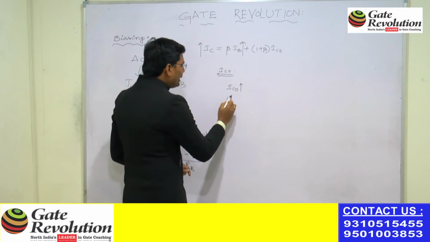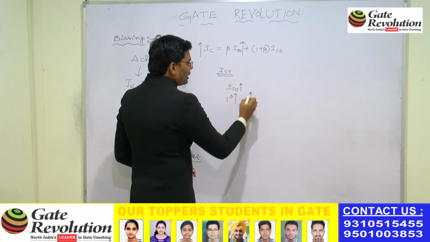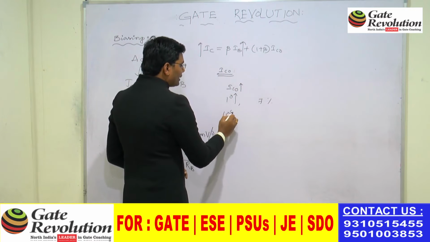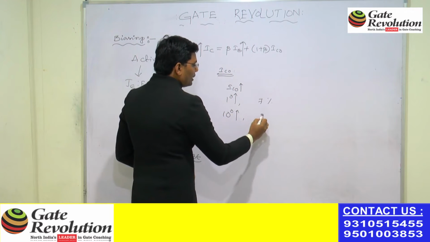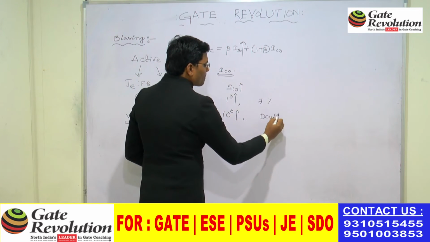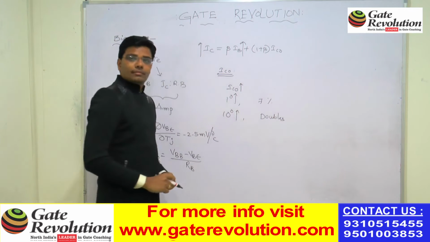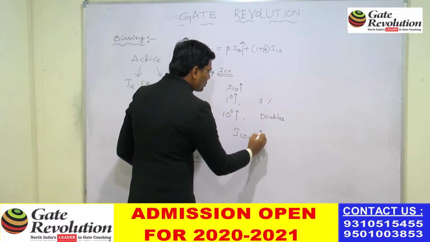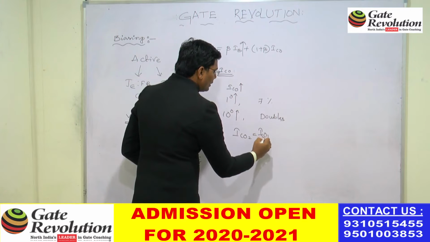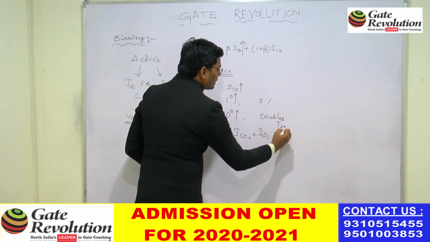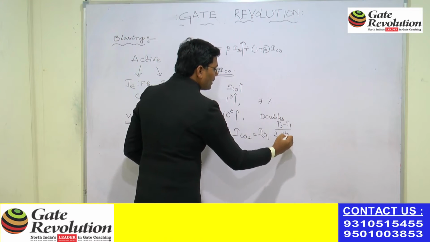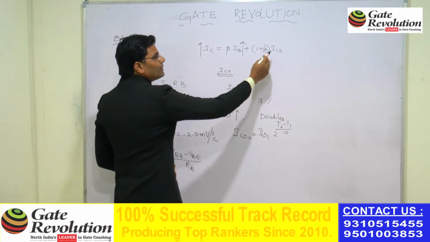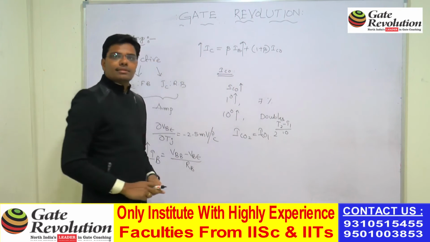For every 1 degree rise in temperature, it increases by 7%, and for every 10 degrees rise in temperature, it doubles. With the equation ICO2 is equal to ICO1 into 2 power (T2 minus T1) by 10. As ICO is increasing, from the equation IC increases.